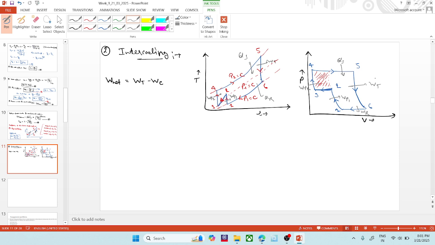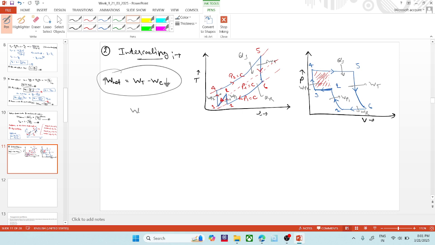So here we can see the WT is the same while the pump work is decreased. As the compressor work is decreased here, the net work will get increased.